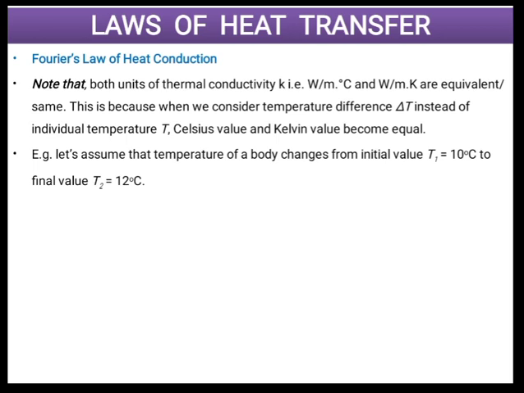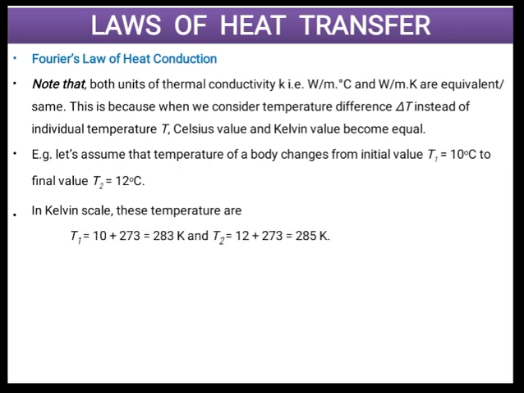Now we observe the temperature has changed by 2 degrees Celsius. Let us see what happens with the Kelvin temperature scale. In the Kelvin scale, T1 is equal to 10 plus 273, that is 283 Kelvin, and the final temperature T2 is 12 degrees Celsius, so it is 285 Kelvin.